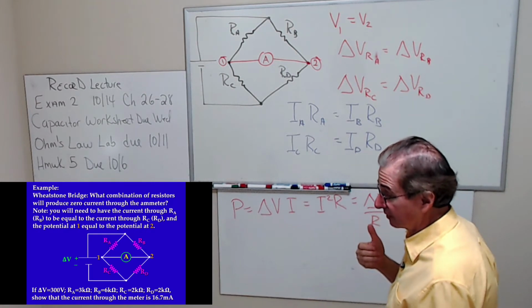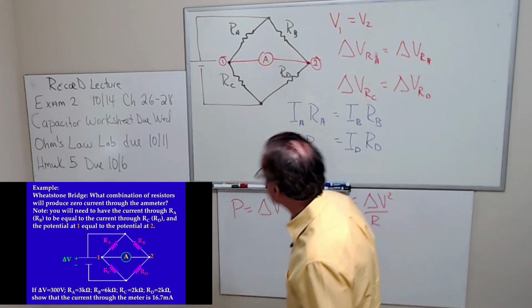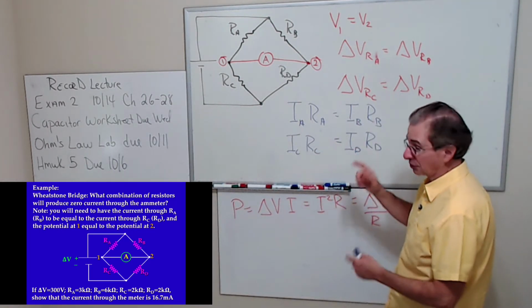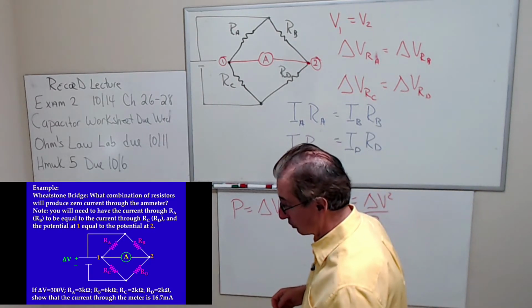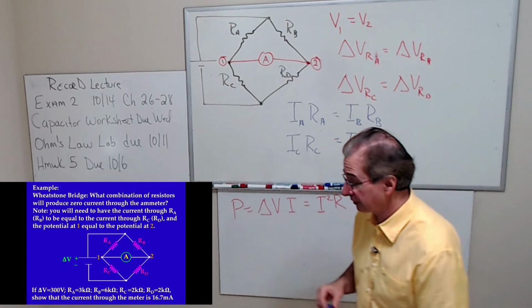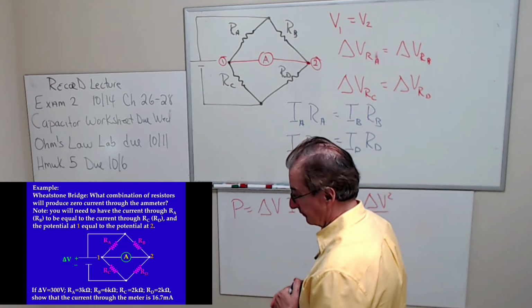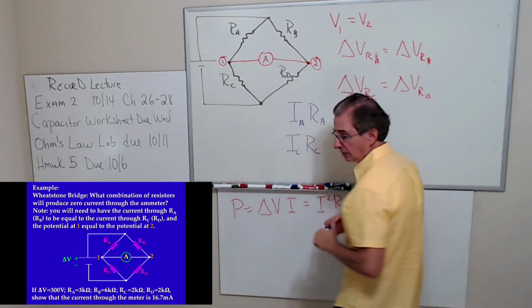Well, they're the same thing, right? The condition we want is the condition on the resistors so that no current goes through the ammeter. We're already saying there's no current. That's the condition. That's what we're solving for. We're solving for the conditions on these resistors so that no current goes through here.